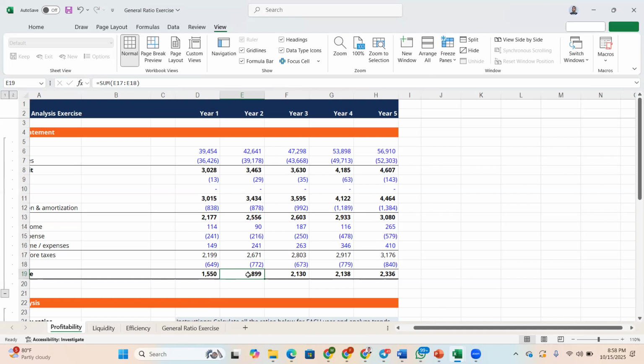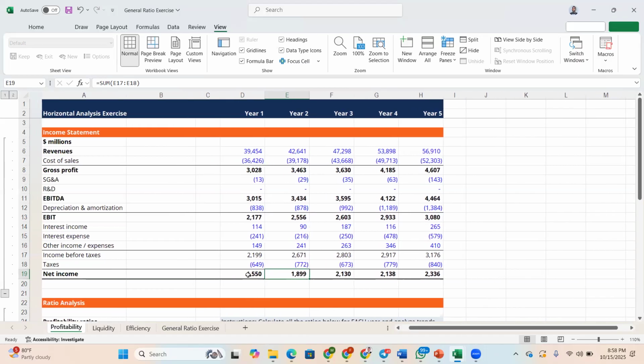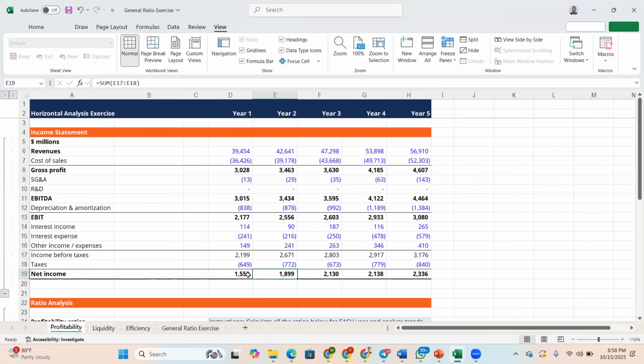That could be a result of many factors. Look at the operating expense, the SG&A. It is really low compared to the other years after year one. The margin between year two and years four and five is so wide.